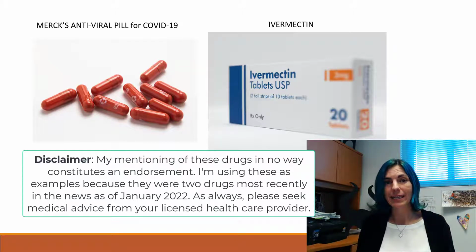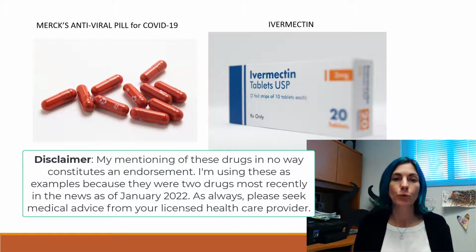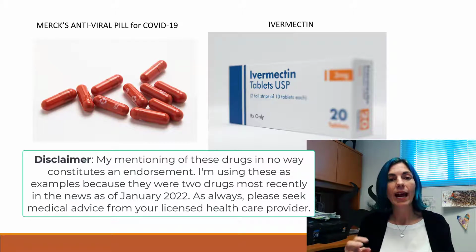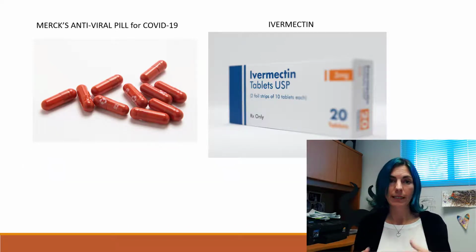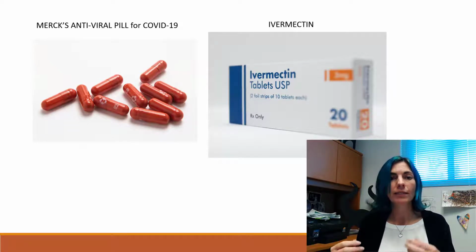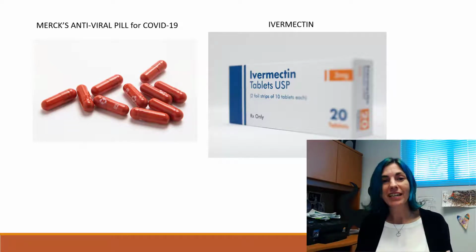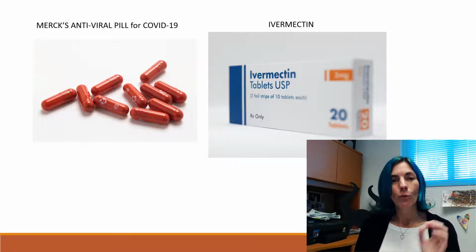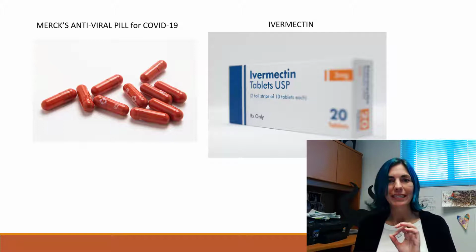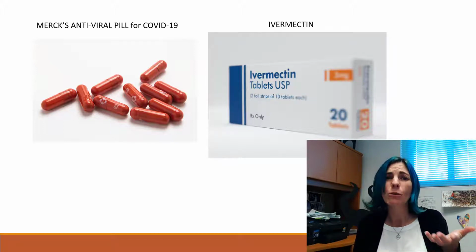So ivermectin has been a pretty controversial treatment plan that is already approved for human use as a dewormer. So it basically eradicates any parasitic infection that's caused by worms, usually in your GI tract. And interestingly enough, I did not know this before putting this lecture together. The reason why ivermectin was even brought up, I mean, what a random thing, a dewormer.